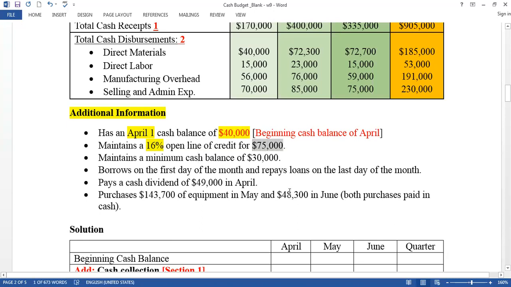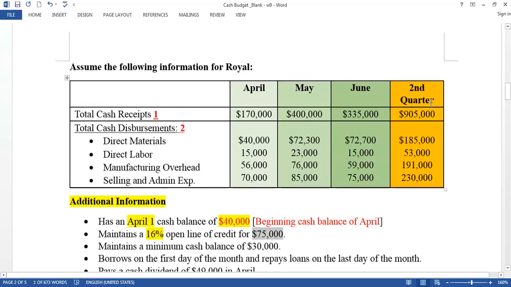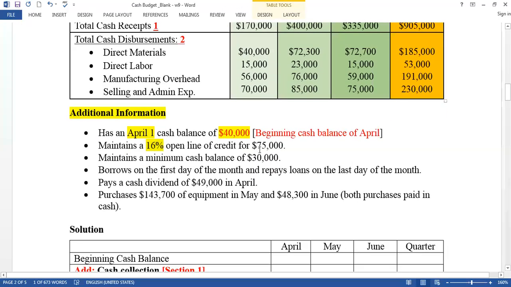That means your company already has a contract with a bank to give you some credit, to give you some loan. And the bank said that you can get $75,000 in this coming quarter, because this is the second quarter, right? So you make a contract with a bank, and the bank promises to give you $75,000 if you need this money. If you need this money, the bank said no problem, I will give you this money. But if you receive money from me, it may be 30,000, it may be 10,000, it may be 70,000, it doesn't matter.